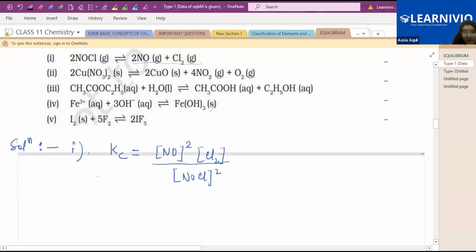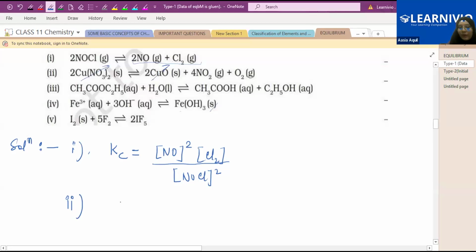Okay, so let's not waste much time. Second question, C. So here you can see Cu(NO3) whole twice. It will dissociate to form copper oxide, NO2, and O2 gas. Now you can see this copper oxide is a pure solid, and this Cu(NO3) whole twice is again a solid. So you will take these as unity. If the concentration is unity, there is no need to write it down in your equation.